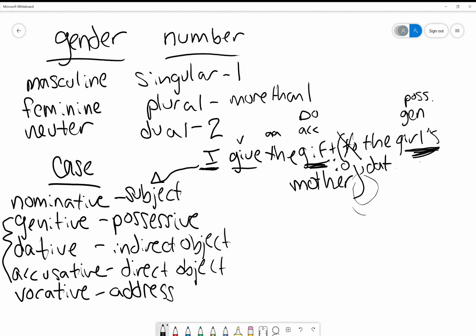So I'm going to do a few more videos on the declensions in particular. Greek has first, second, and third declension. And for the most part, those are also arbitrary categories.